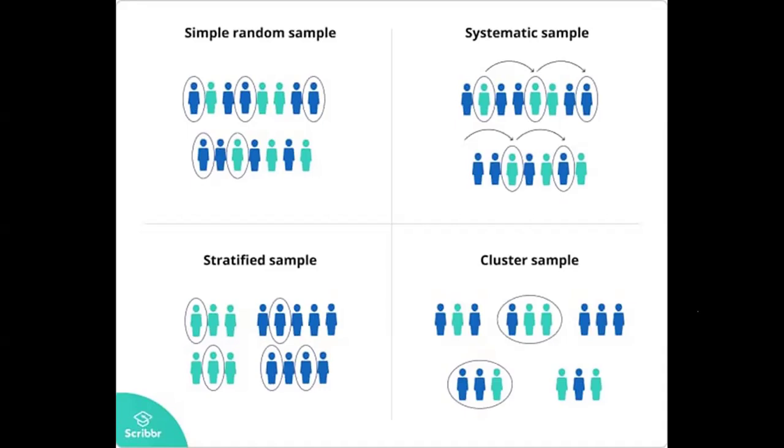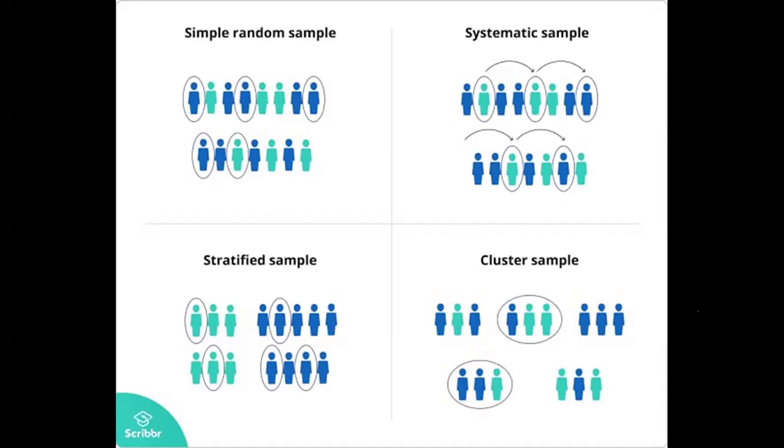Cluster sampling is similar to stratified sampling. In cluster sampling, you make random groups and you select the whole cluster rather than selecting a certain percentage of different subgroups. You select complete groups, as illustrated in the picture.